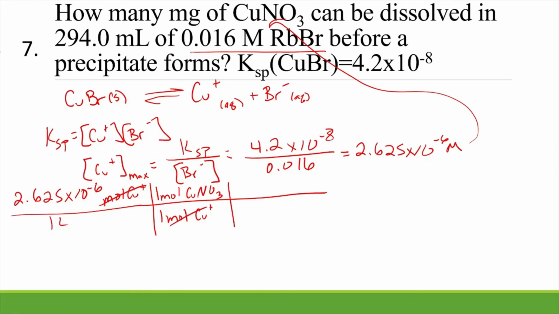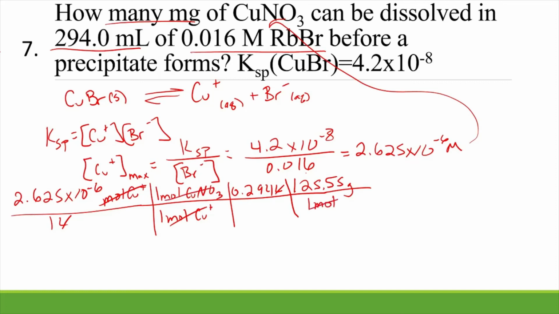And then we also have a volume that we're told, 294 milliliters, which is 0.294 liters. So that cancels out our liters. So now we have moles. And we want milligrams, so we need to go ahead and go from moles to grams. And we know there's 125.55 grams of copper 1 nitrate per 1 mole.